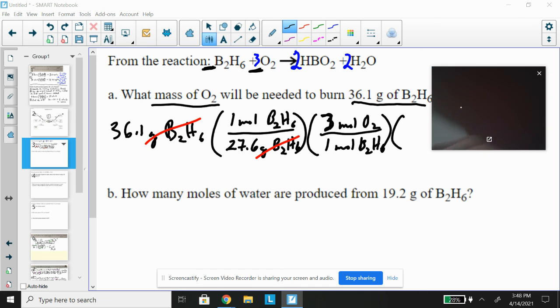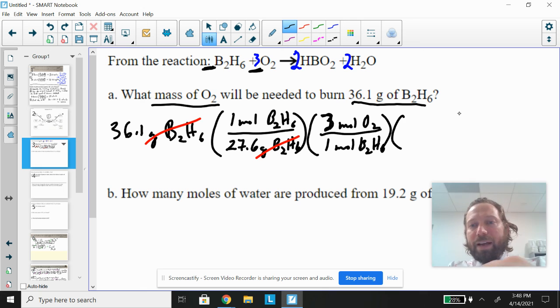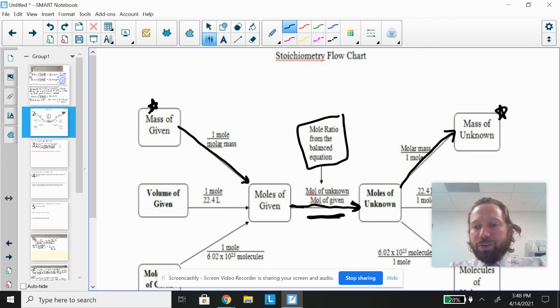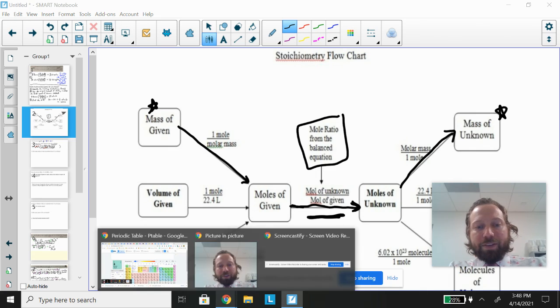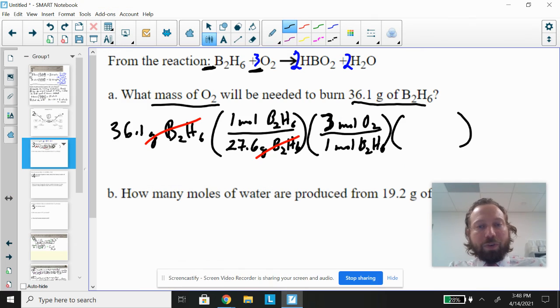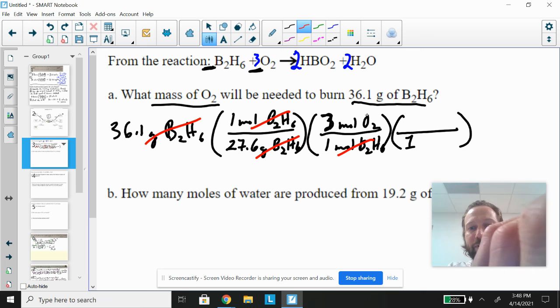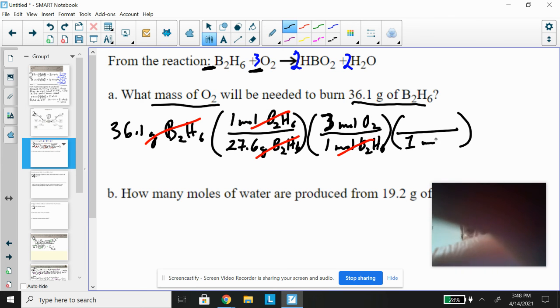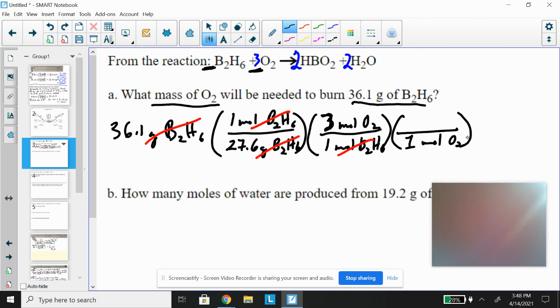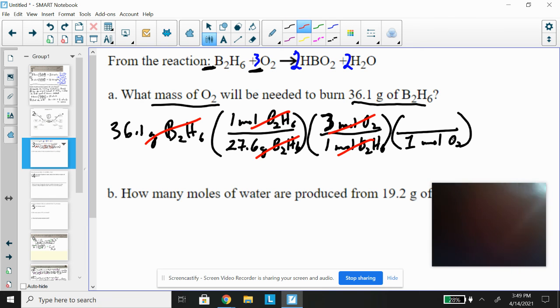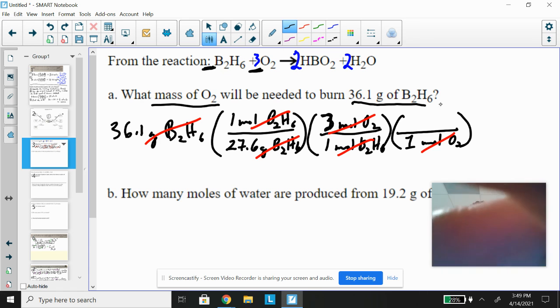And last but not least, I'm now in moles, and I want to go to grams, so I have to multiply by molar mass. Oops. And for every 1 mole, again, I want to cross out my units, right? So to cross out my moles of oxygen, I have to have moles of oxygen on the bottom. Now I can cross these out. And for every 1 mole of oxygen gas, I have 32 grams.